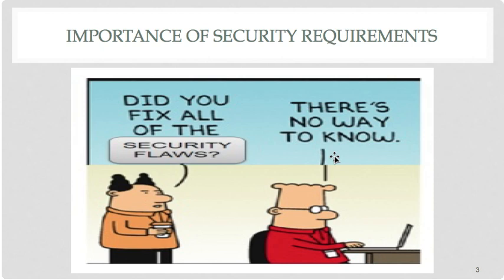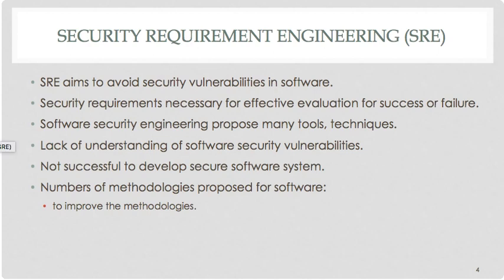Therefore, security requirements should be written before a system is produced so the end product can be measured against them. So security requirements engineering is an important aspect of software systems. Therefore, it is crucial to address security requirements in the early phase of the software development lifecycle.